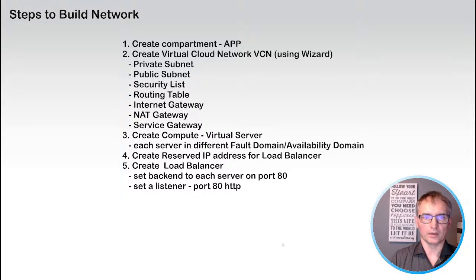Right? Now, this will complete the setup of the high availability network. Once we set this up, we will be able to test the high availability. We'll be able to stop each server and see that the service is still available.